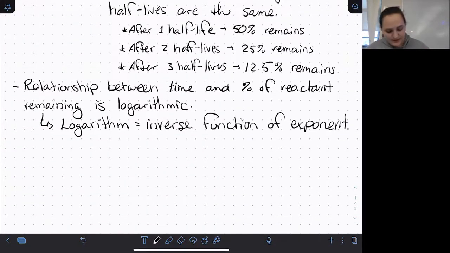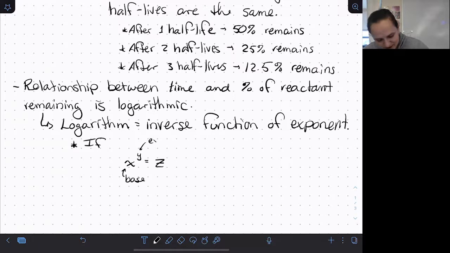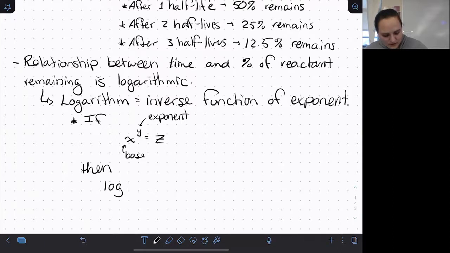So, for instance, this is where I become a math teacher for like 5 minutes. There's a reason I'm not a math teacher. Let's just say that. If x to the y equals z, we call x the base, y is our exponent. Then log base x of z is equal to y.